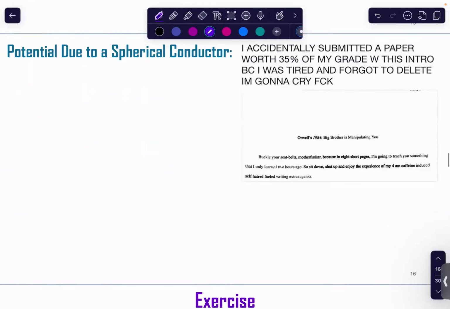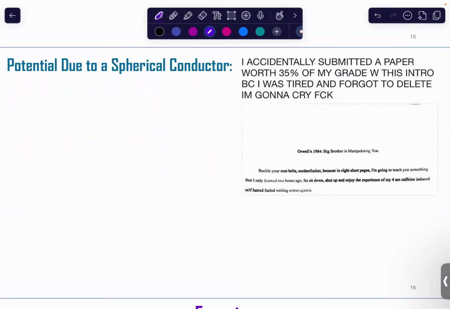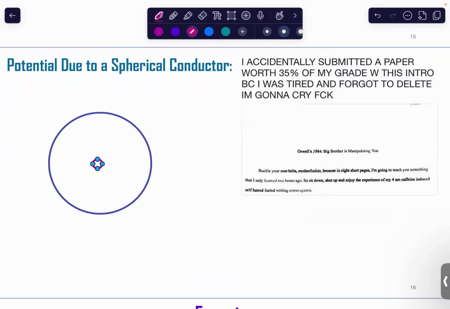All righty. Potential due to a spherical conductor. We're just going to imagine that's a sphere.